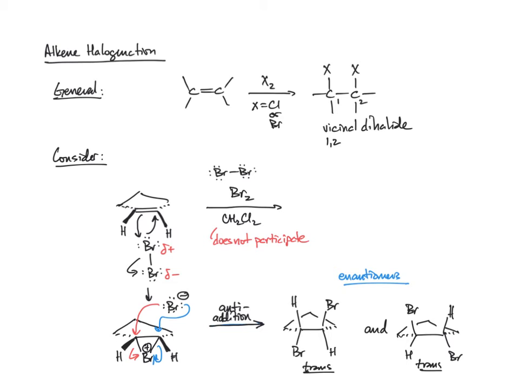So we form them in a 1-to-1 ratio. And then if we were to take a sample of that and put it in a polarimeter, what would be the optical rotation of that sample that's 1-to-1 of each enantiomer? The specific rotation is going to be 0, because whatever direction this rotates the plane polarized light, this is going to rotate it the opposite direction. The fact that they're 1-to-1, that's how you get 0.